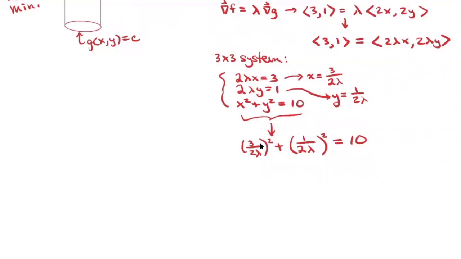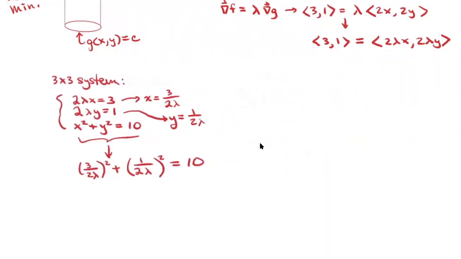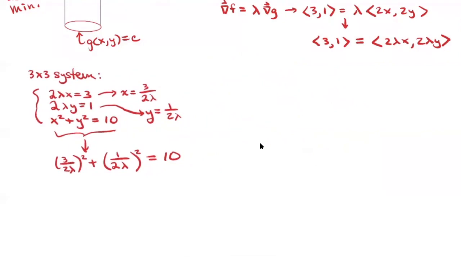I think I'm gonna move things around just a little bit. Okay, so let's see here. I get 9 over 4 lambda squared plus 1 over 4 lambda squared equals 10.